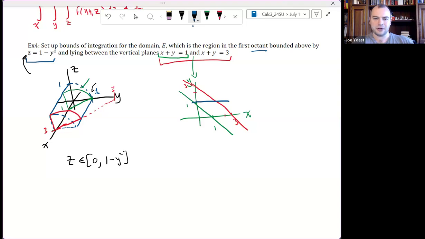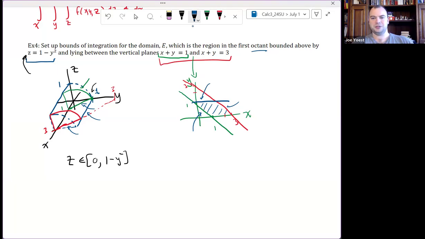I've run out of colors, I suppose, but if you think of this green segment as being there, this red line segment as being there, and this blue line segment as being there, hopefully that orients everything for you. So this is really our region of integration in the xy plane.